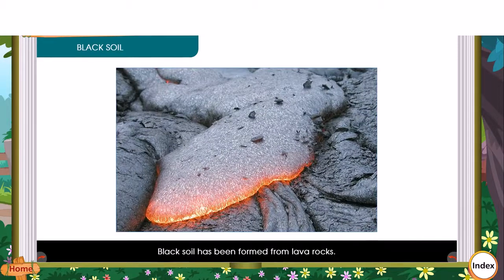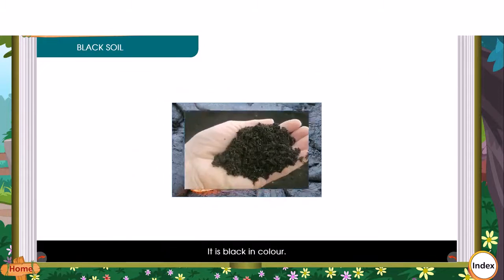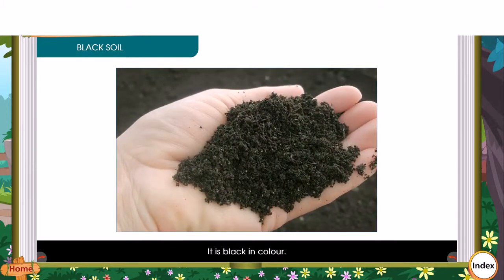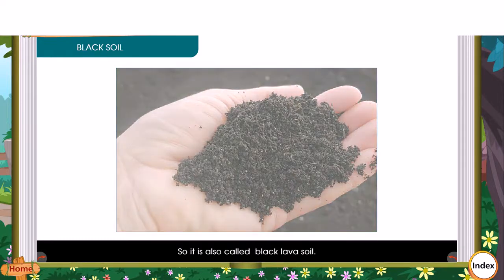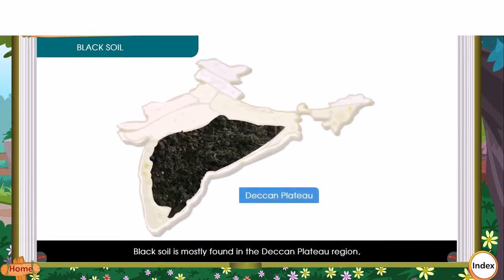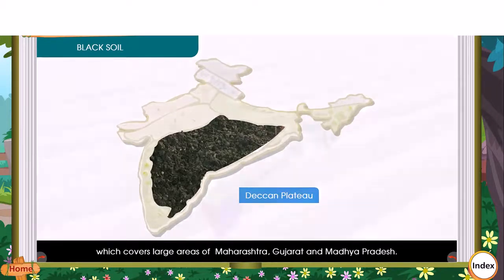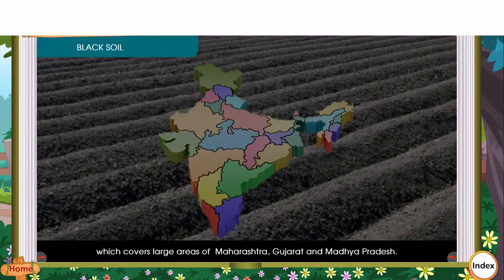Black soil. Black soil has been formed from lava rocks. It is black in color, so it is called black lava soil. Black soil is mostly found in the Deccan Plateau region, which covers large areas of Maharashtra, Gujarat, and Madhya Pradesh.